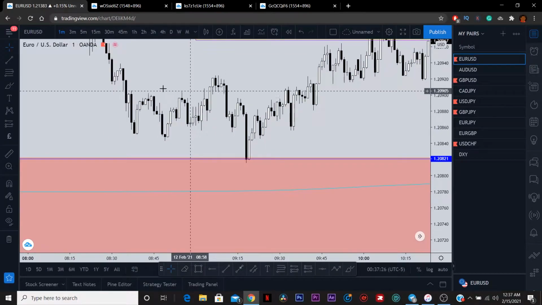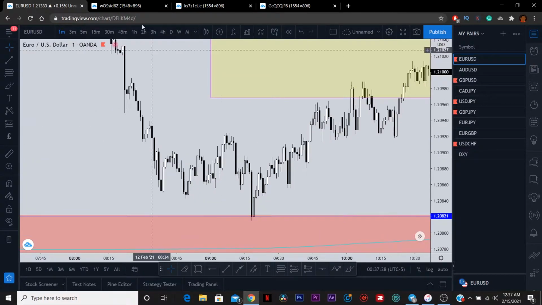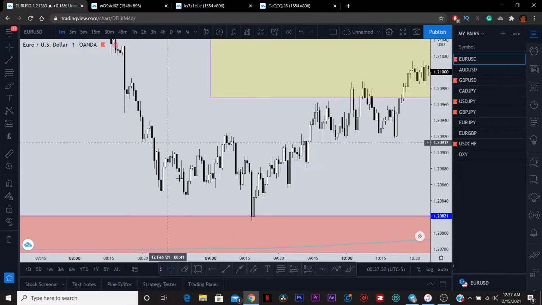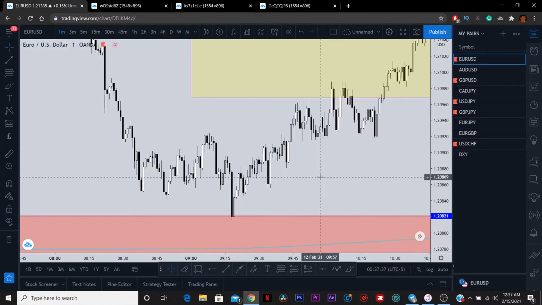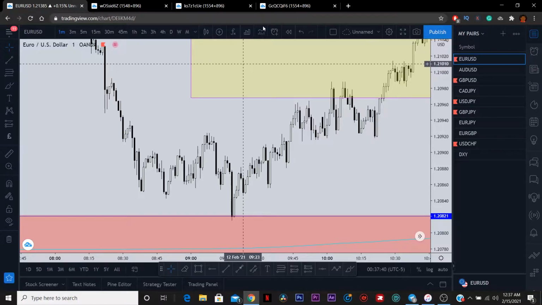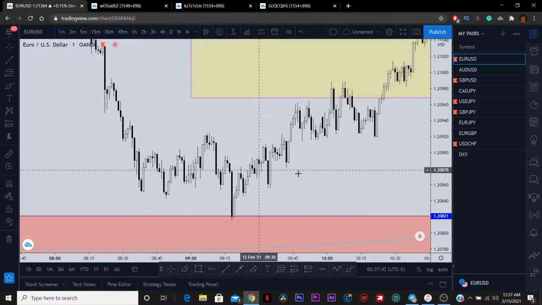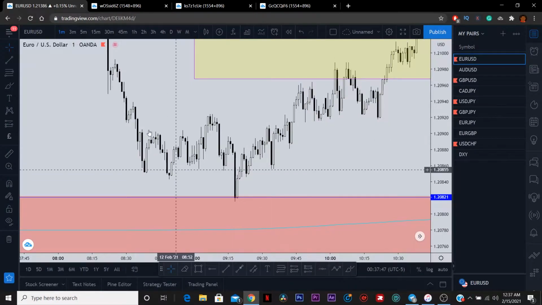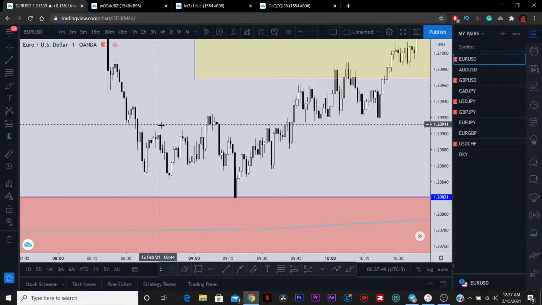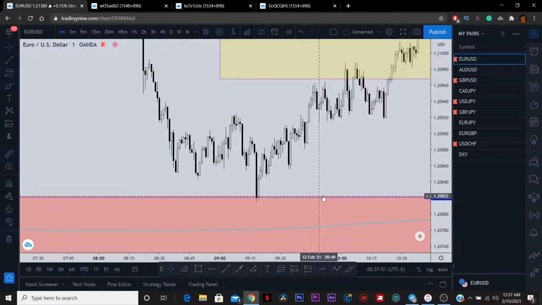As you see right here, we have a 1 minute accumulation. Now, if I didn't tell you this was the 1 minute, you would have taken this trade. If you would have seen this on any other time frame, the 1 hour, the 4 hour, you would have taken this trade, because this is a clear accumulation right here. As the market began to come down, before we hit our point of interest, we began to slow down.